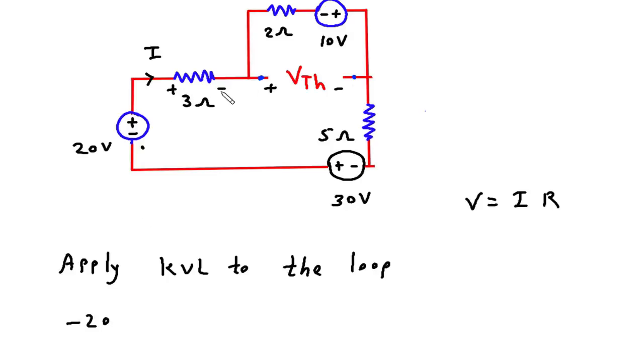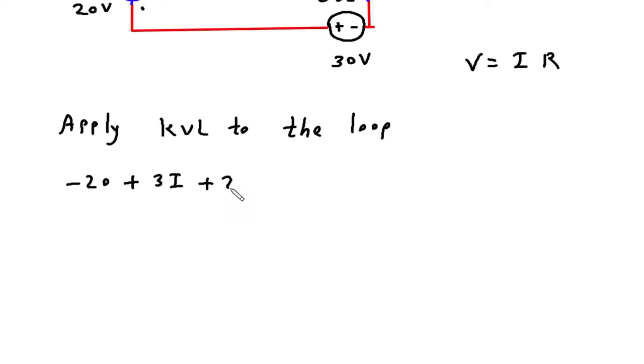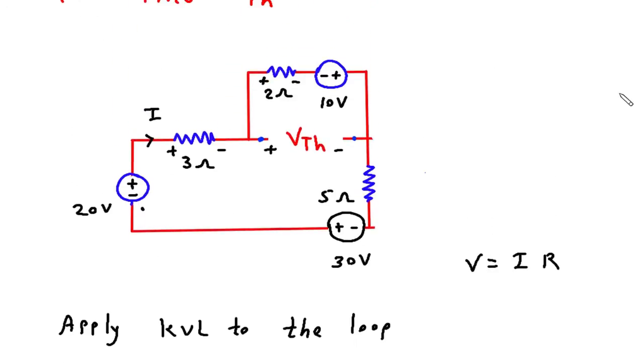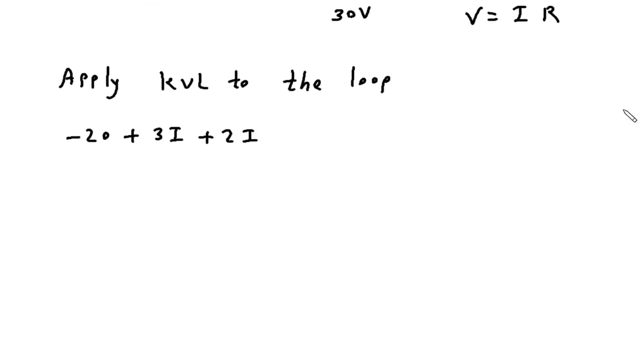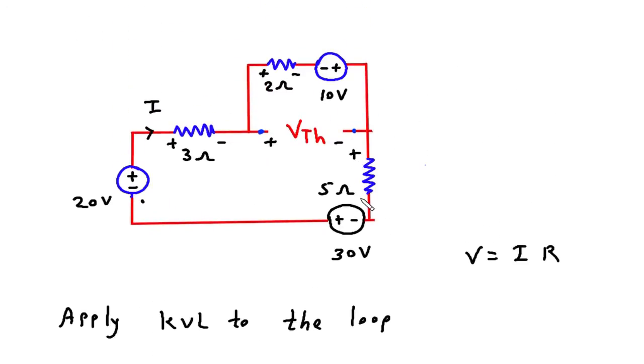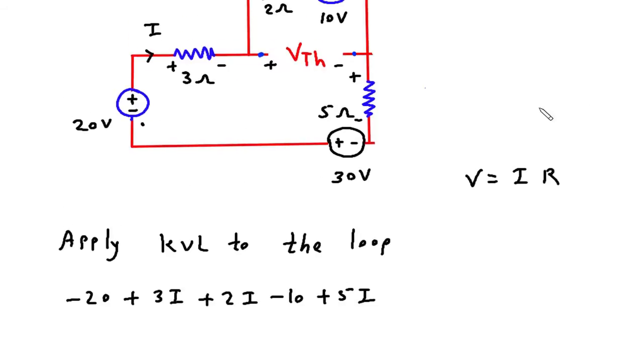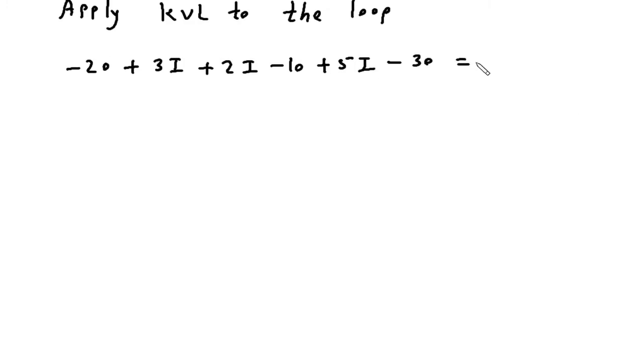Plus 3 into I. Then plus 2 into I. Minus 10. Plus 5I. Minus 30 is equal to 0.